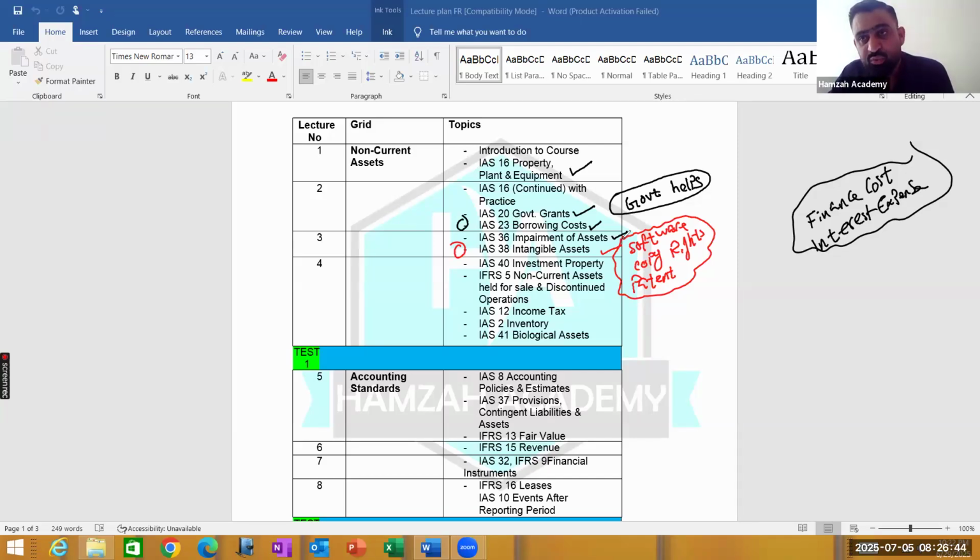These are the assets which are without any physical existence, without any physical substance. Now, the accounting for such non-current assets, we will be covering in IAS 38, intangible non-current assets.